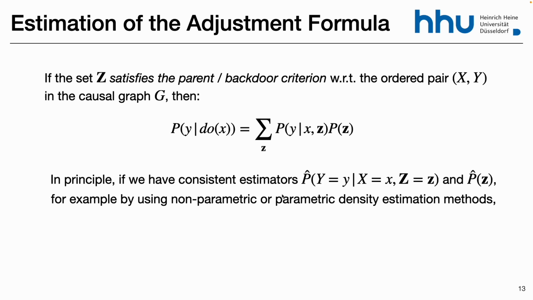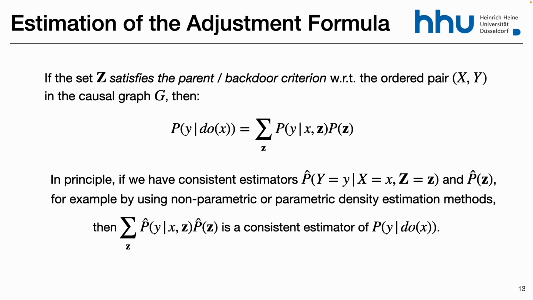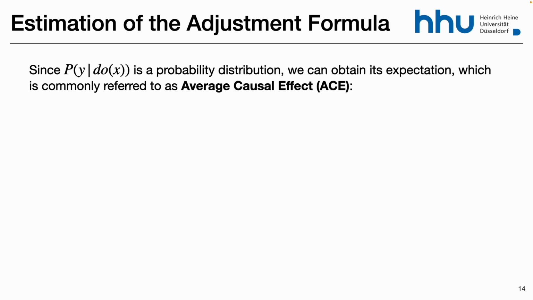So in principle, it would be easy to get an estimator of this and just compute it. But the first limitation is that this Z can be high dimensional. But anyways, we would be able to get this. In reality, we don't really work with the probability itself.